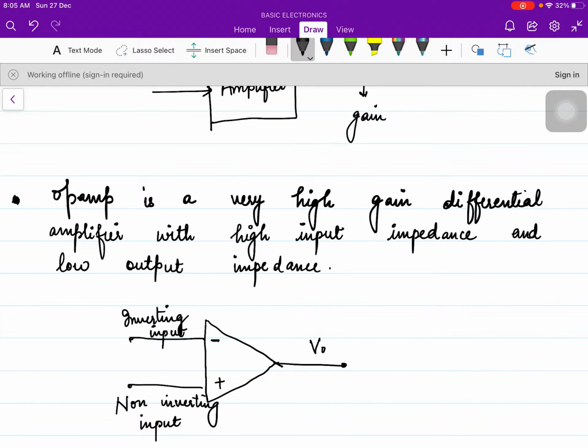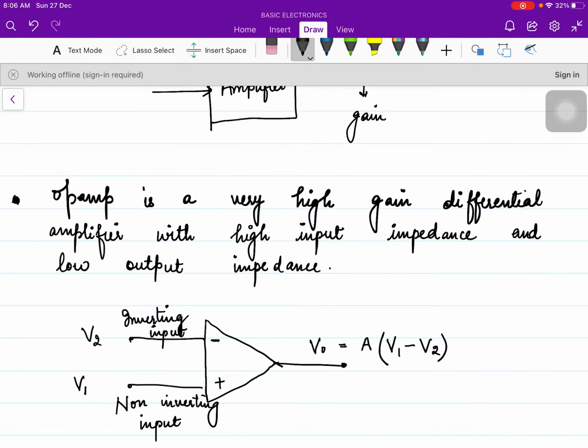So if V1 is the voltage applied at the non-inverting input and V2 is the voltage applied at the inverting input, then, as you can see from the diagram, V0 will be some gain A multiplied by the difference of the two inputs, that is V1 minus V2. Always remember, it is non-inverting voltage minus inverting voltage.